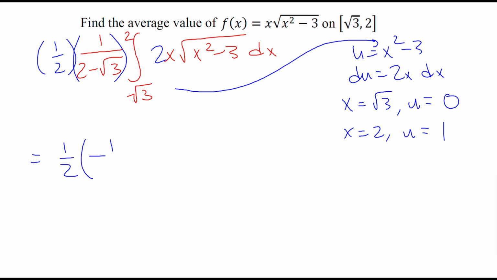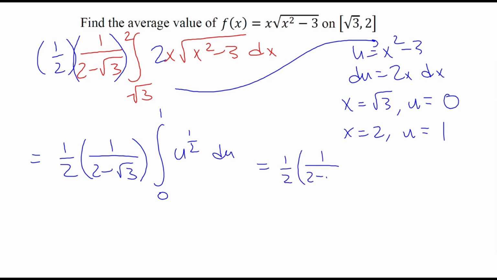So this ends up being 1/2 of 1 over 2 minus root 3 times the integral from 0 to 1 of u to the 1/2, right? The 2x dx becomes the du, and the root u is just u to the 1/2.